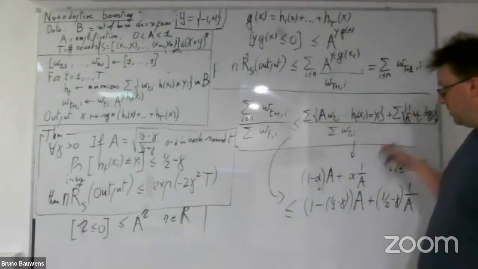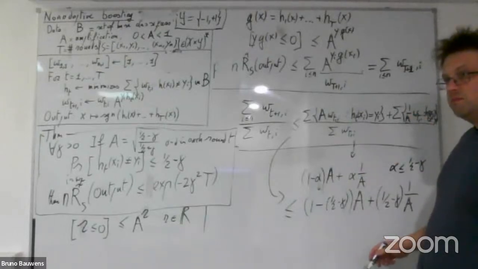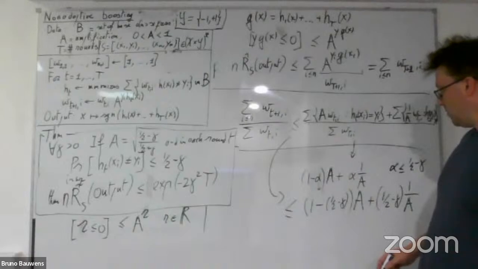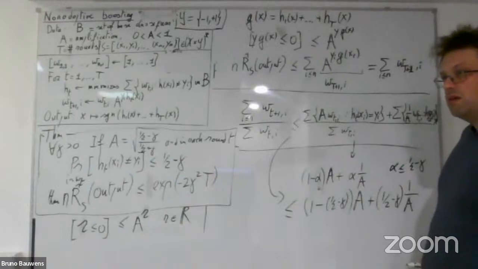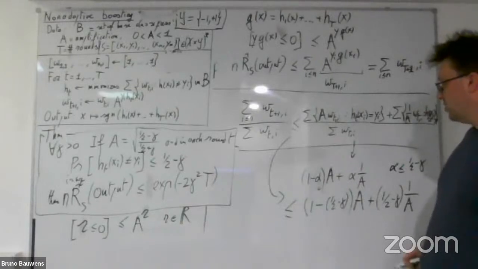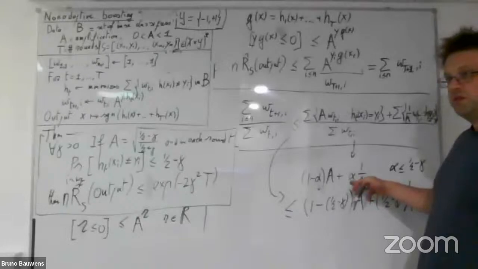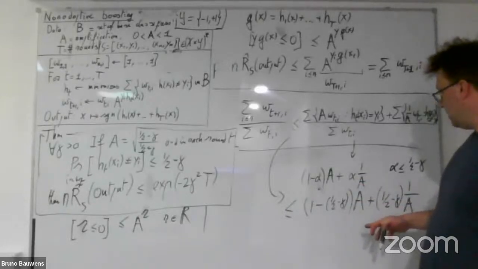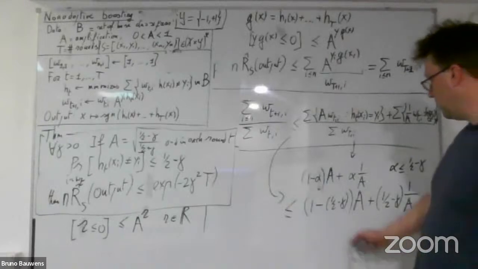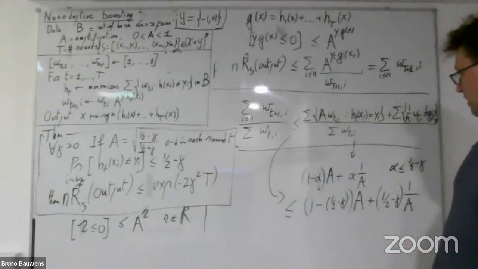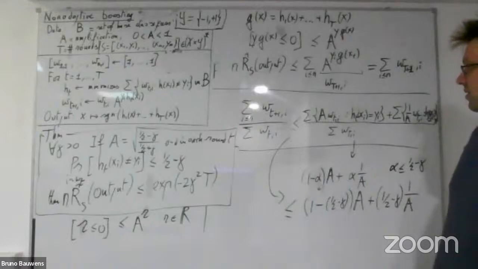So it's not just the numerator, but the whole fraction that is a convex combination. Yeah, exactly. And so we take the largest possible coefficient, and this will be 1/2 minus gamma, to get the upper bound.